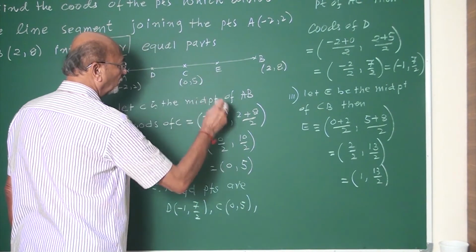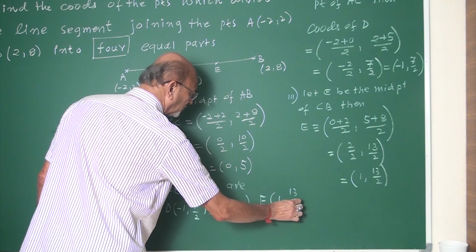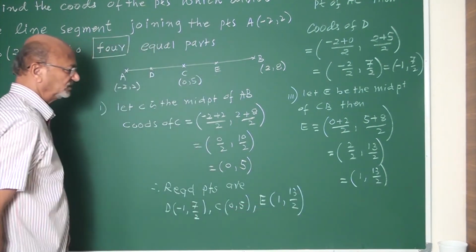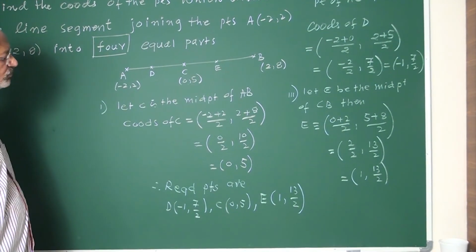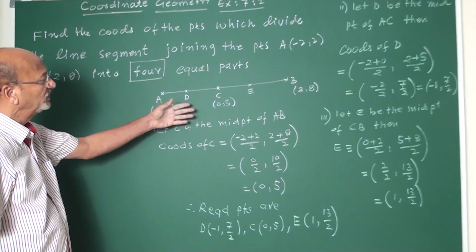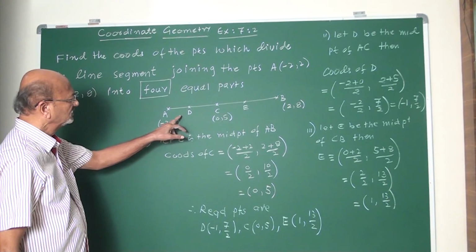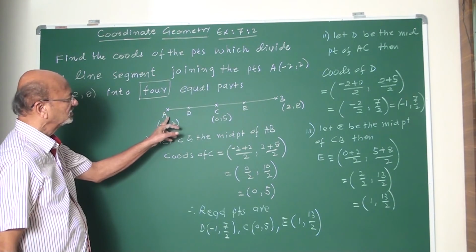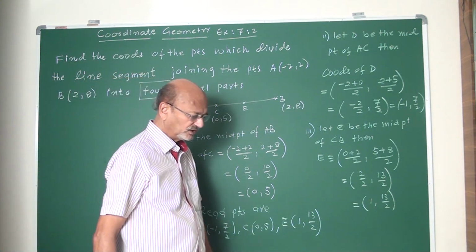Next is E, with coordinates 1 comma 13 by 2. In this case, instead of the section formula, the internal division formula, with the help of the midpoint formula we can get the coordinates where the line AB is divided into 4 equal parts.